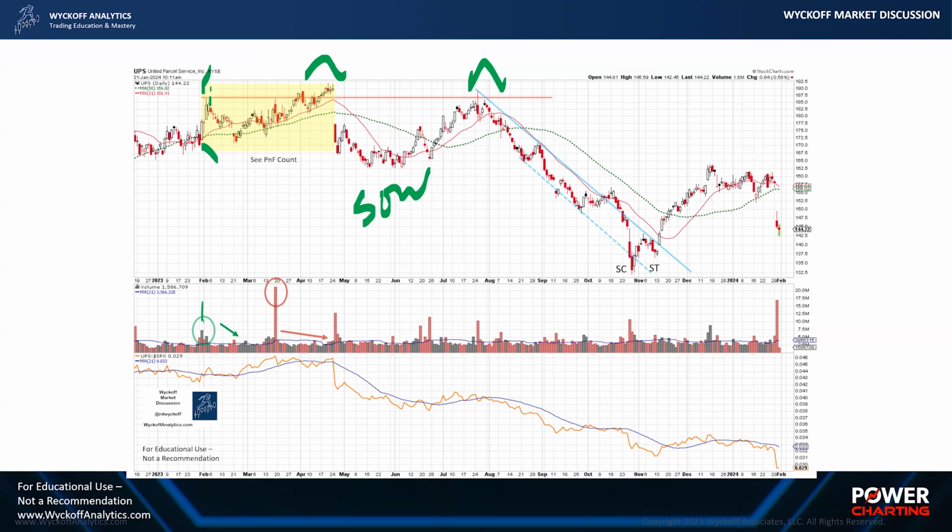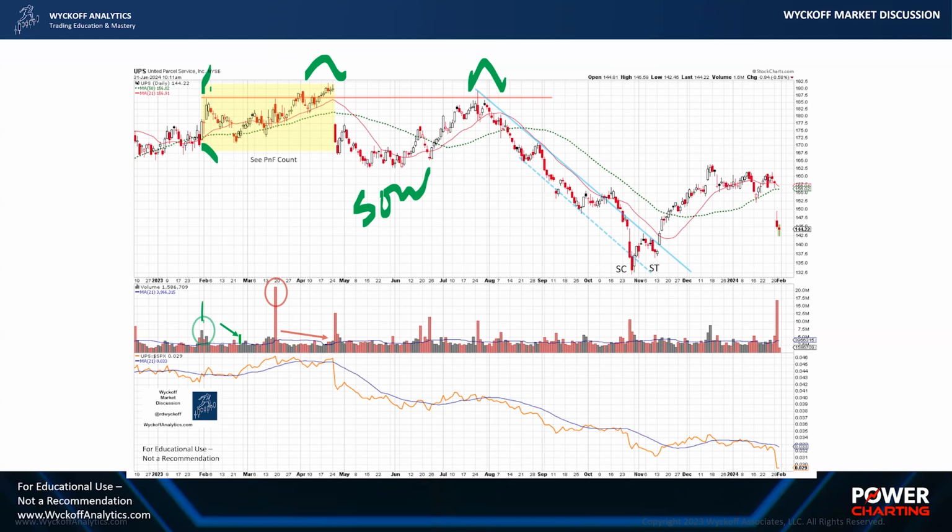Then thereafter, it has a pullback, but note, the pullback comes on low volume, as shown by that downward sloping arrow. That is bullish because that shows that there's not active selling off that peak. And so we would expect another attempt to rally.